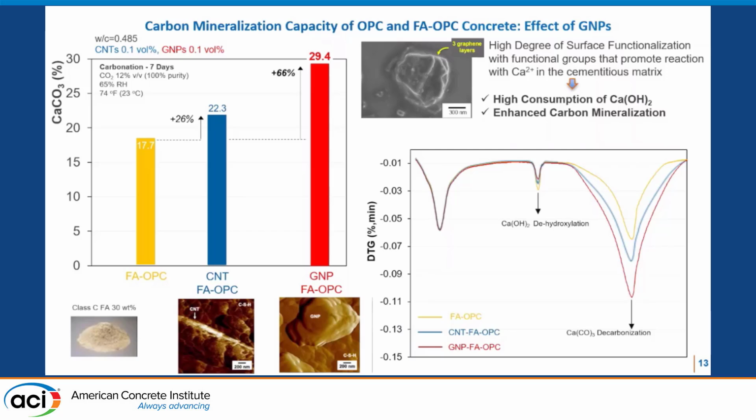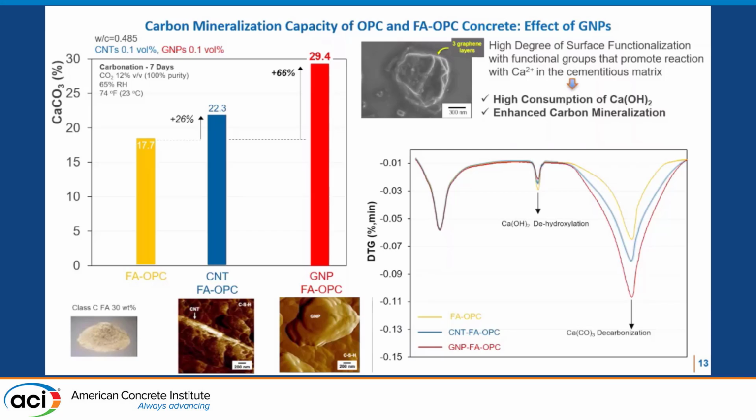So if we want to compare the mineralization phenomena that take place when we have fly ash mixes, and we want to compare the performance of carbon nanotubes and graphene, remember the difference in the specific surface area. We observe that this significantly enhanced surface area that we have through the addition of graphene nanoplatelets, when compared to the CNTs, results in a production of a much higher amount of carbonates.